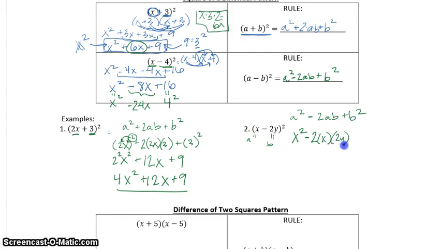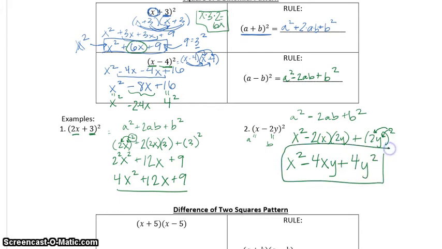And then last we have plus b squared, b is equal to 2y, the square of that. So we can simplify, we get x squared minus 2 times 2 gives us 4xy, plus we do 2 squared and y squared, so that gives us 4y squared as our final answer.